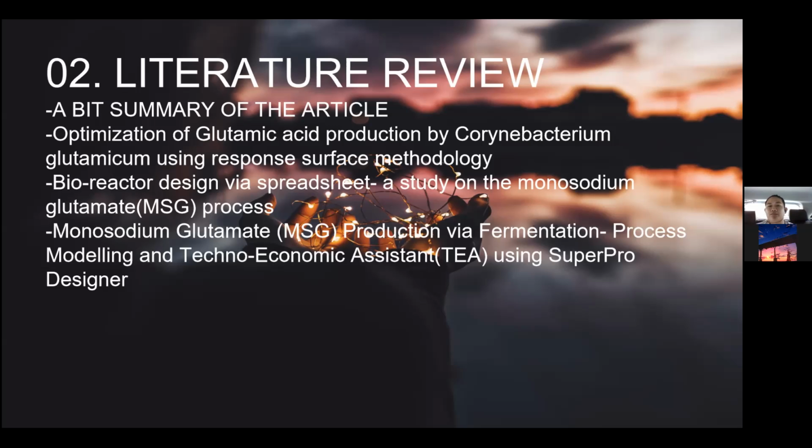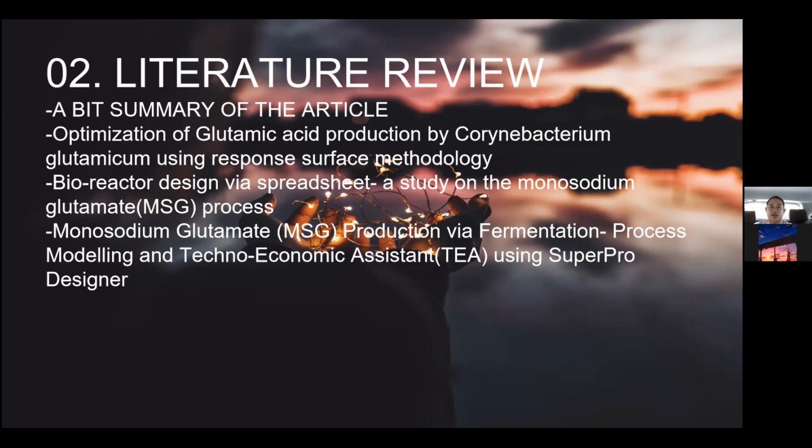Other than talking about the processes, it also says that fermentation usually takes a longer time. They can reduce the time taken by suggesting some modification to the machinery or some of the process, such as for the fermentation tank, so that we can reduce the time taken for it to be fermented.